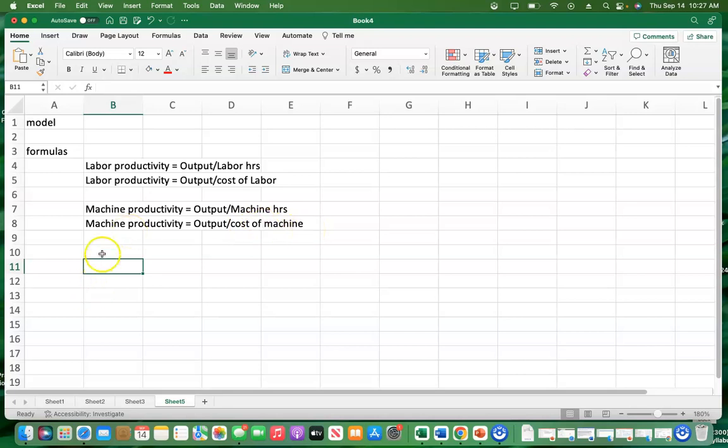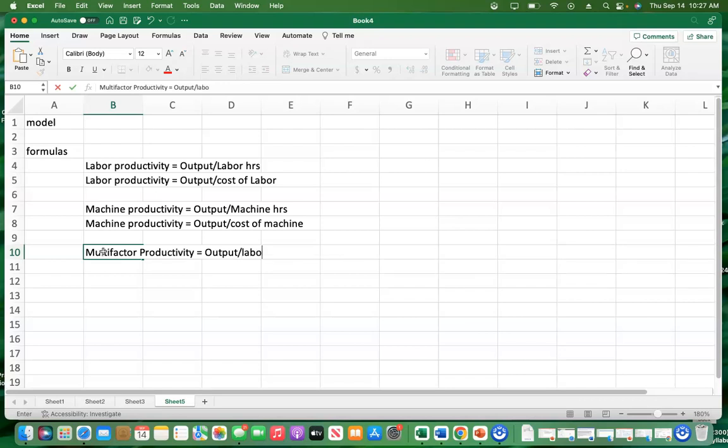But still we have one more productivity, which is multi-factor productivity. In this case, we will look at output per all the inputs which we have. And remember, we have labor, but also we have machine, and then we have materials, and finally we have energy.